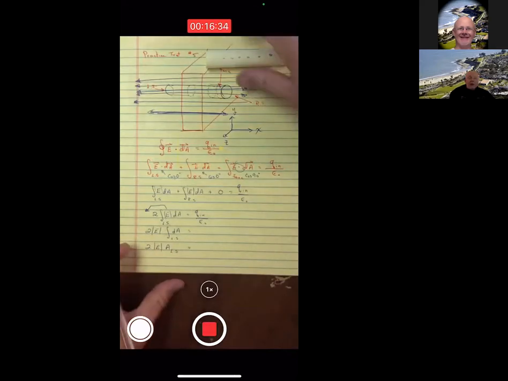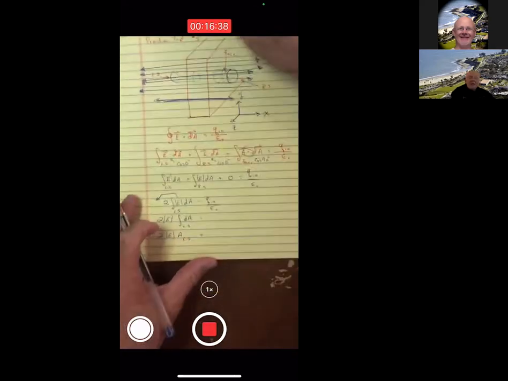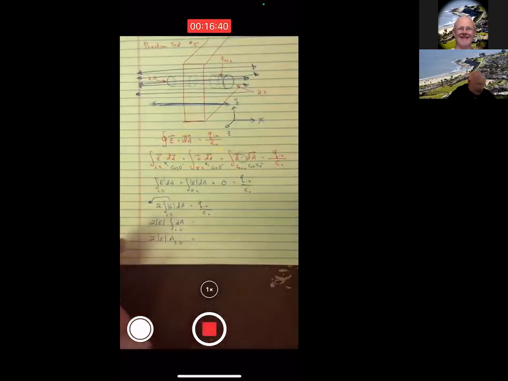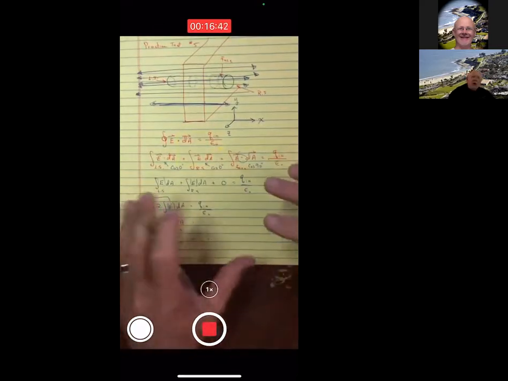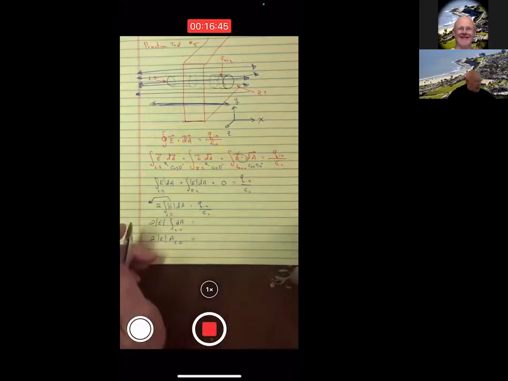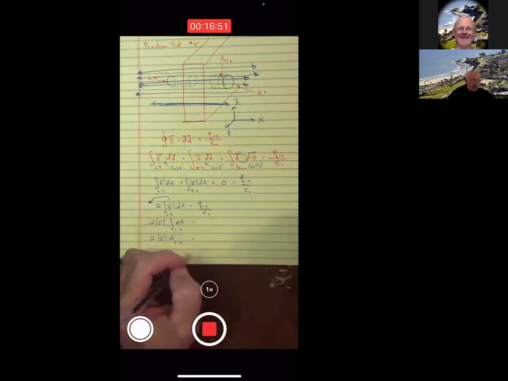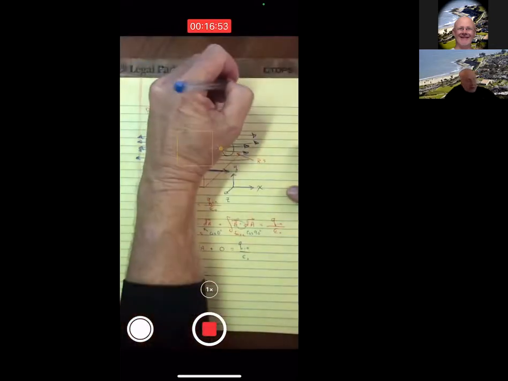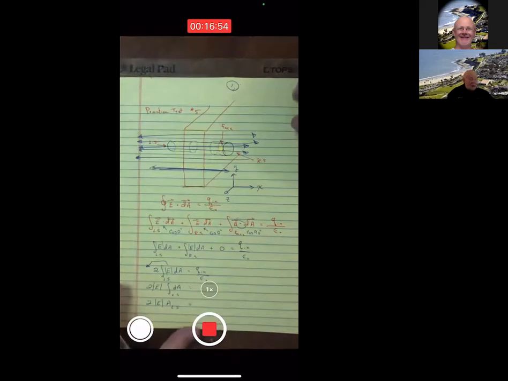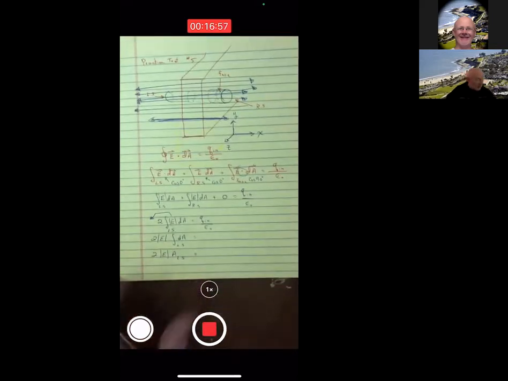Now, probably the hardest part of this problem, not to say those were real easy, but those were a lot like the stuff we already did. So hopefully you've seen all those arguments before. This gets pretty hard. What is the charge enclosed? So I better call this page 1, because I think we've got some significant amount of work to do here.